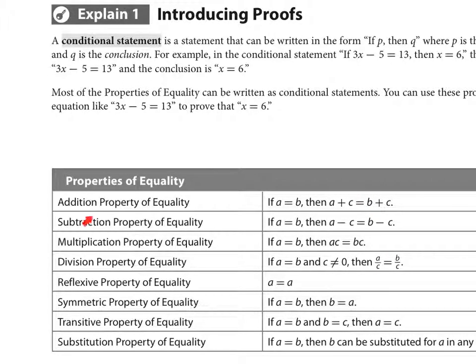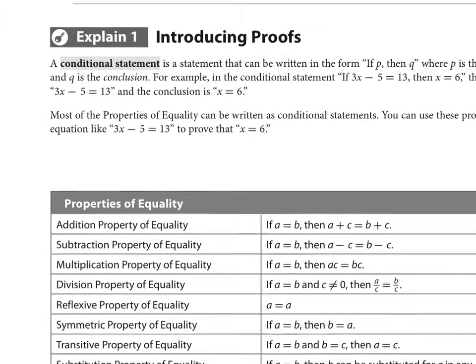In a similar way, we also have subtraction, multiplication, and division properties. These other properties aren't used so much in solving equations. Substitution a little bit when we're dealing with systems of equations, but reflexive, symmetric, and transitive work a lot more for us in geometry than anywhere else.